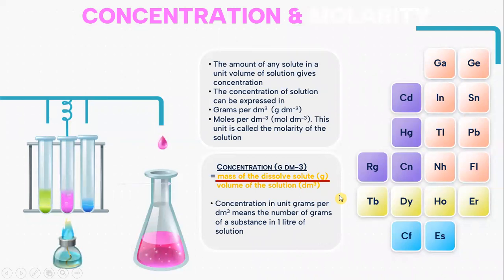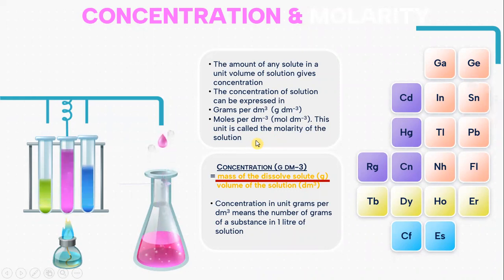So let's look into what is meant by concentration. The concentration is the amount of solute in a unit volume of solution. The concentration of a solution can be expressed in grams per decimeter cubed, that is g dm negative 3, or moles per decimeter cubed, that is mol dm negative 3.